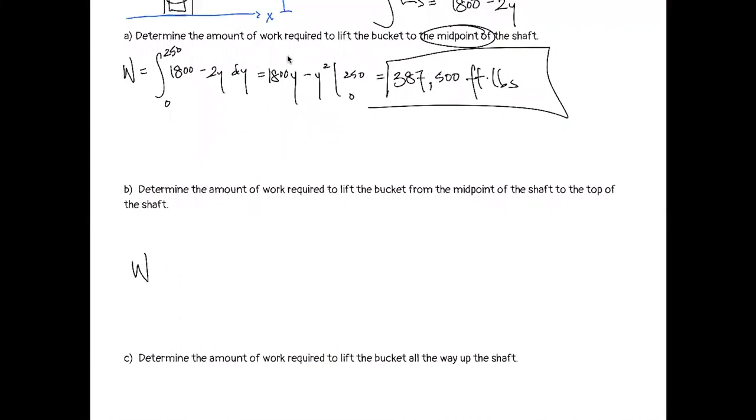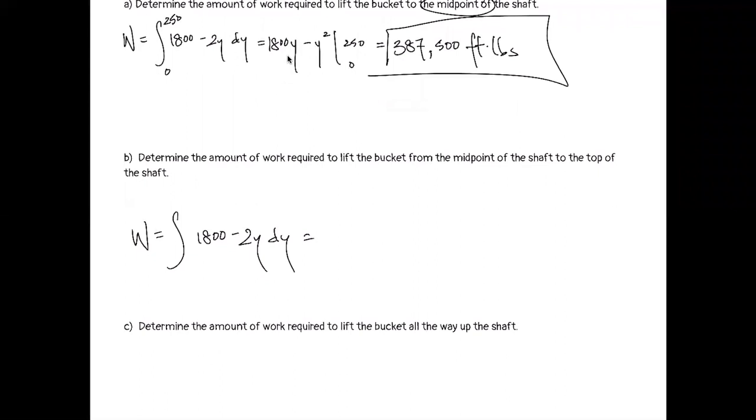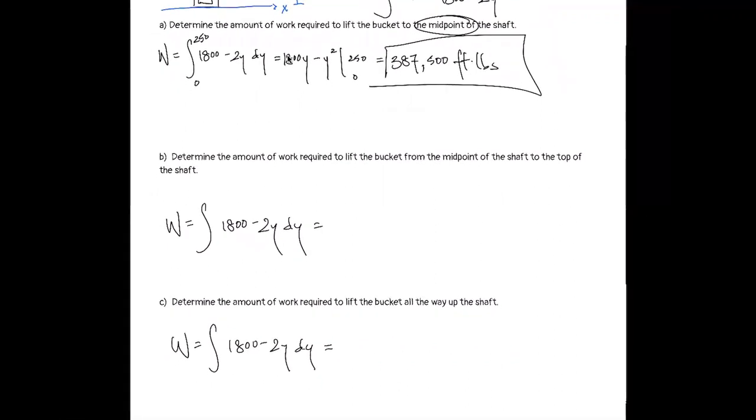So I'll give you a moment to think about what those bounds might change to for part B and part C, okay? So take a moment, think about what those bounds might be. And then let's share out what values we think we have and why we have them.